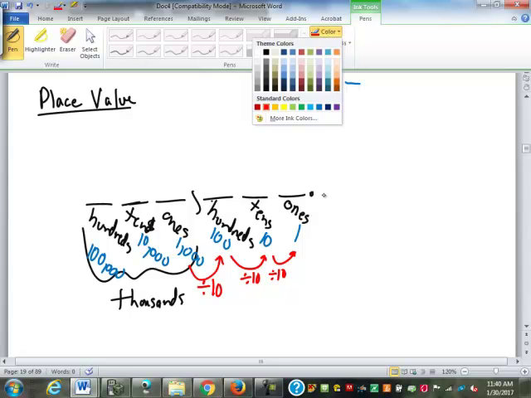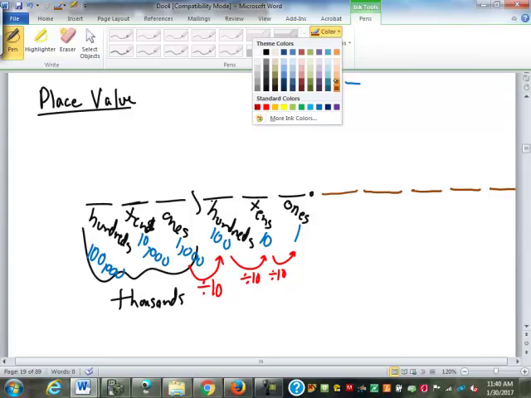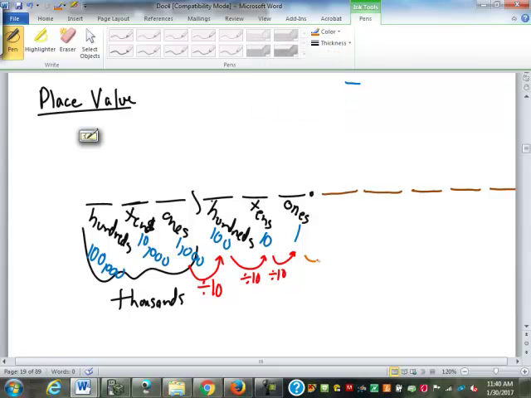So as we continue onto the other side of the decimal point, that pattern also continues. 1 divided by 10 is 1/10. 1/10 divided by 10 is 1/100th.